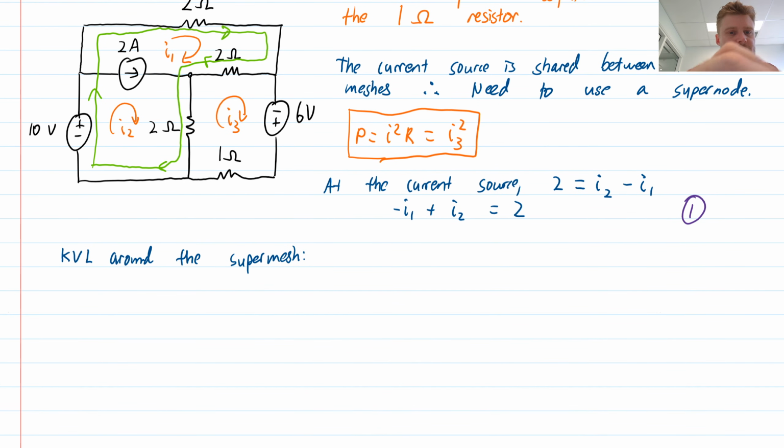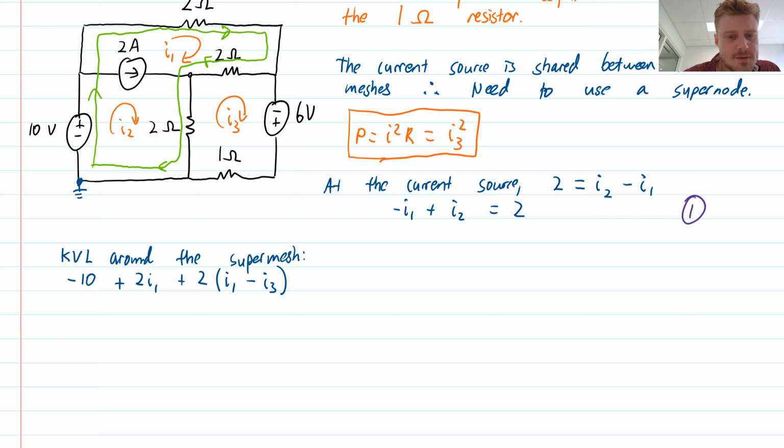I will have, let's choose a starting point. I might as well define a reference node and start from there. So KVL from here is going to be minus 10. I then will come up to the 2 ohm resistor at the very top. And so that will have a mesh current I1. Then there'll be the next 2 ohm resistor, and that resistor will have contributions due to mesh current I1 and also mesh current I3.